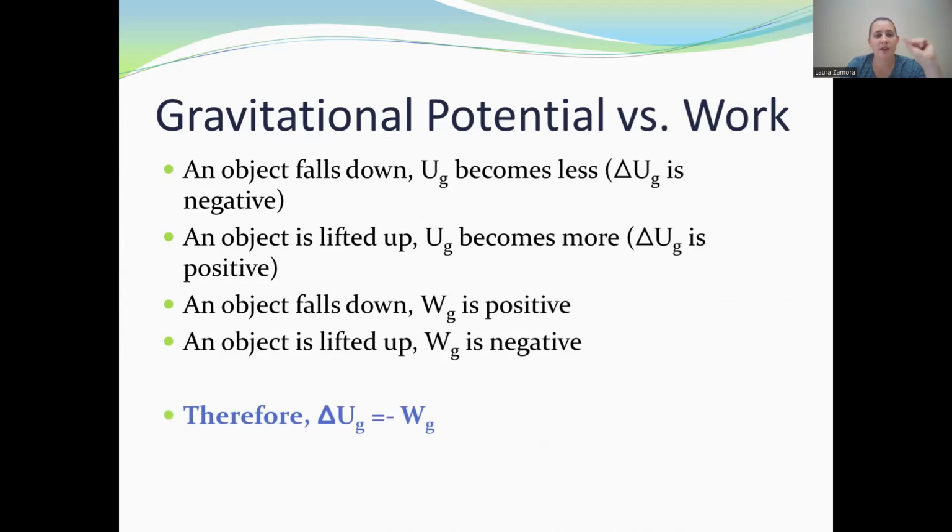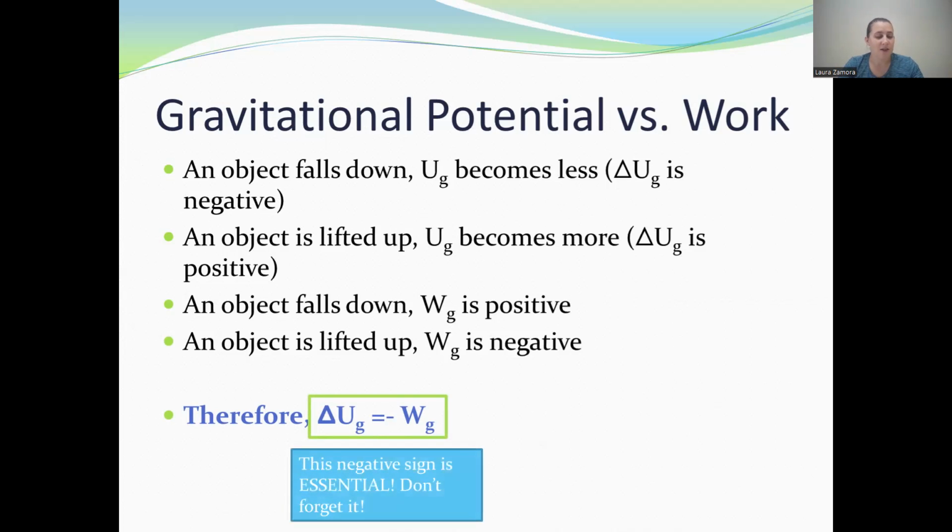So that means that our change in gravitational potential energy equals the negative of the work done by gravity. That is an important thing to notice. This negative sign is essential. Do not forget it.